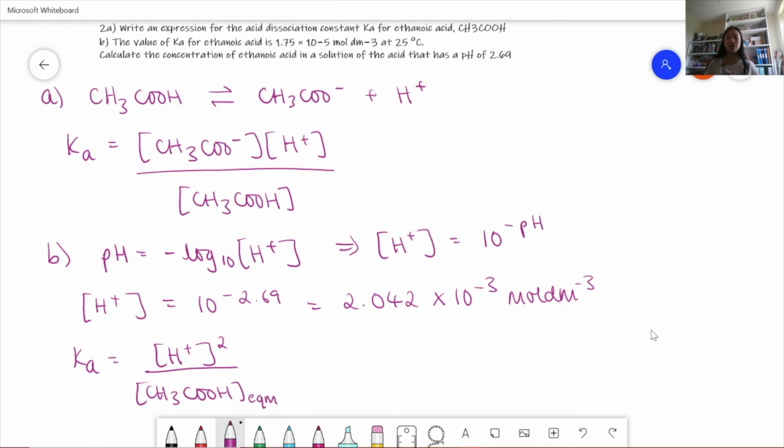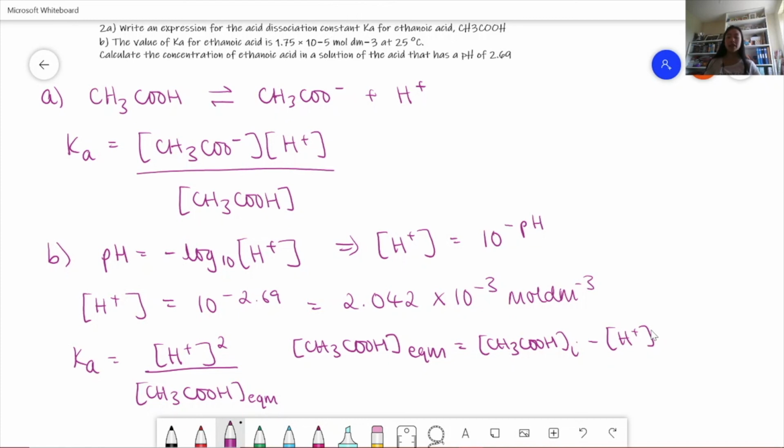But this is actually the same as the one we initially start with, because the concentration of ethanoic acid at equilibrium is equal to the concentration of it originally minus the concentration of H plus ions formed, because it's a 1-to-1 ratio.